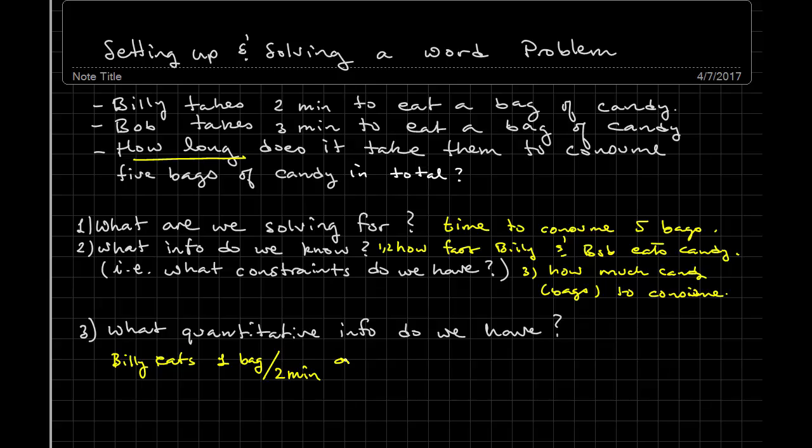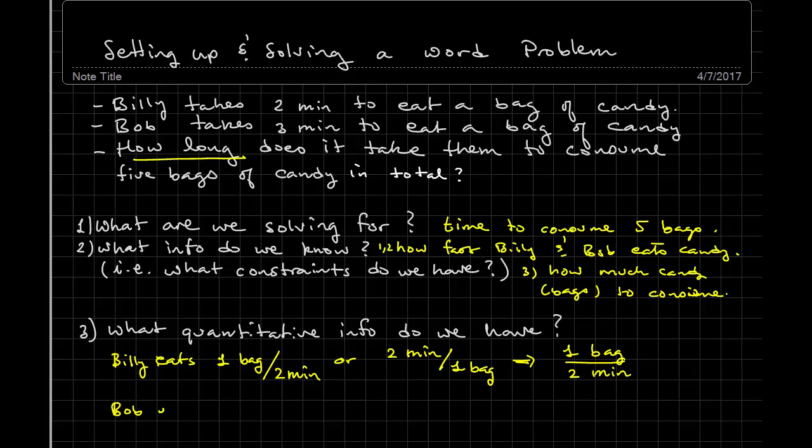So we could write it in 2 ways. 2 minutes per bag. And we can write this as a straight fraction, like 1 bag over 2 minutes. That's something that we could write equivalently. So every 2 minutes he eats a bag of candy.